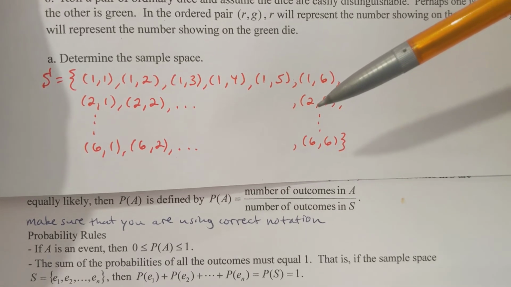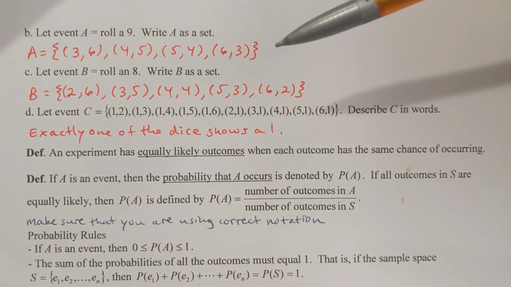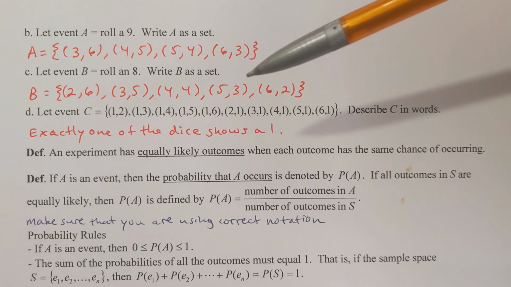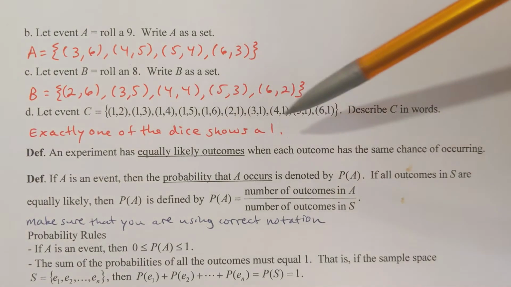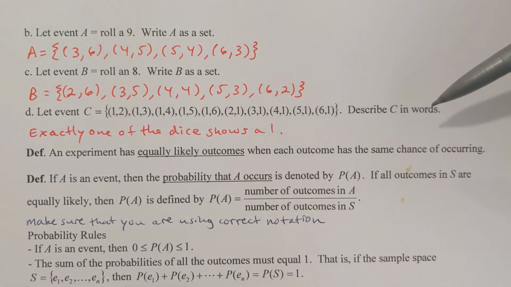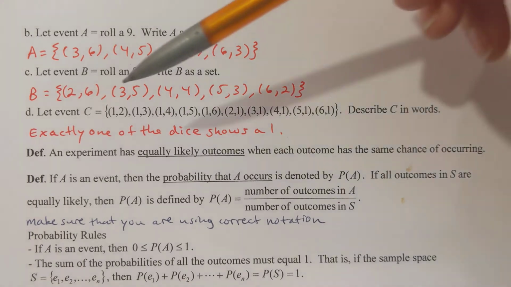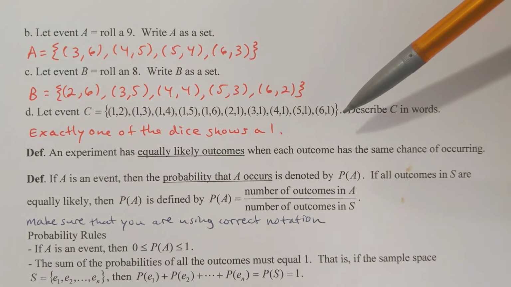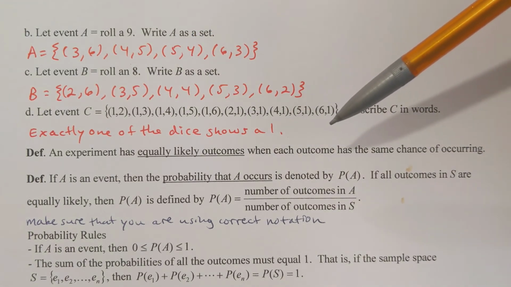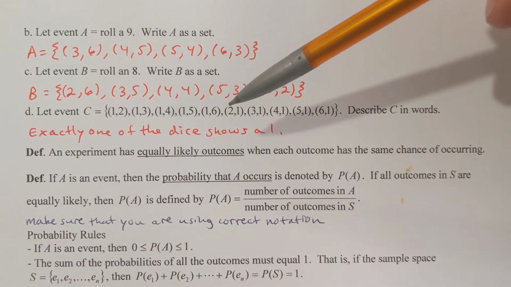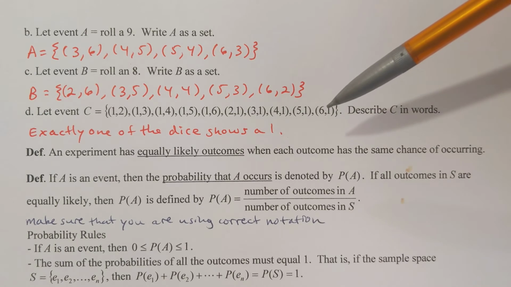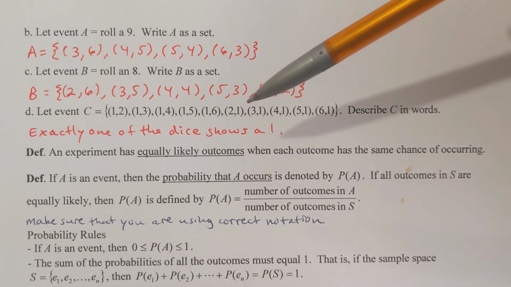Okay, so part D. Let event C be the event that's given here. Describe event C in your own words. Okay, so let's see. If I describe this in my own words, it looks like I have a 1 showing on the dice.